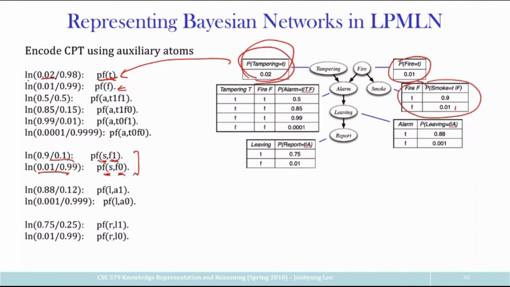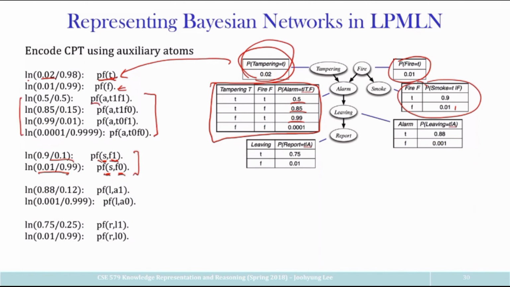Okay. Let me do one more thing. This can be represented by these 4 lines. This gives me 4 possible combinations. Tampering is true, fire is true; true, false; false, true; false, false, right? For each of them, there is a probability, and each probability is represented by each of these lines.